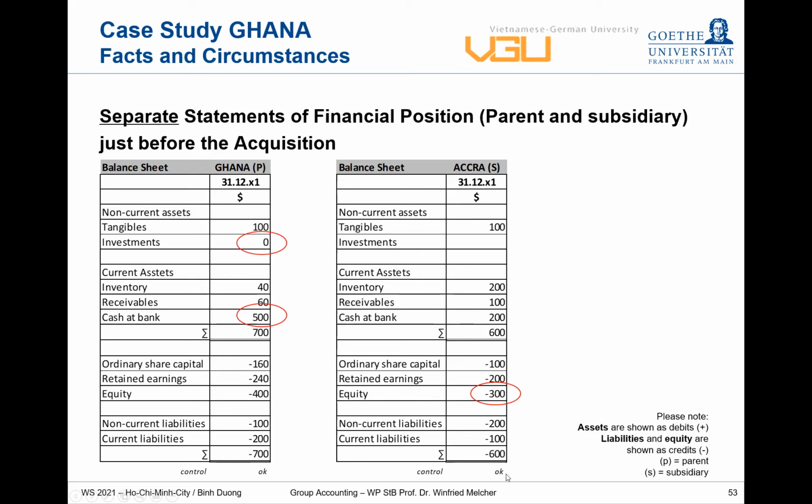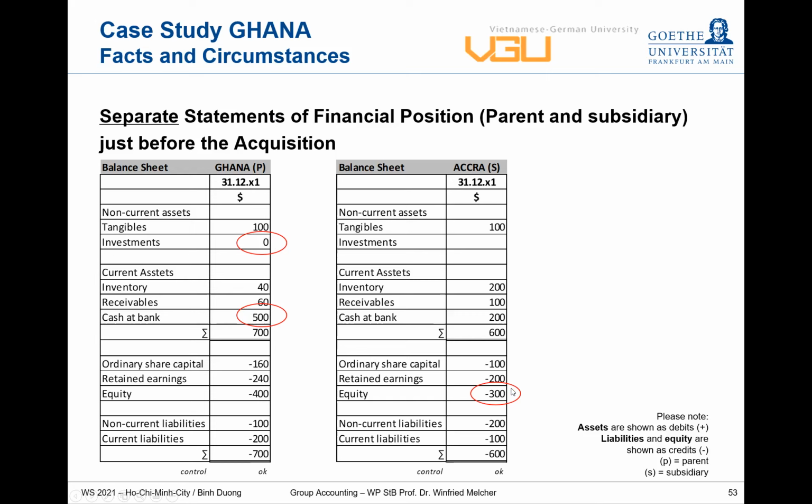So the control total says good, well done so far. Now, these are the two financial statements just in the second before the acquisition. So in Ghana, we don't see an investment so far, but Ghana has a lot of cash. Obviously, they will have to pay for the acquisition of Accra.